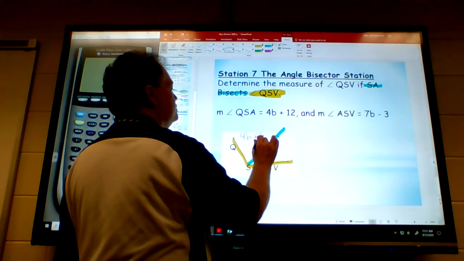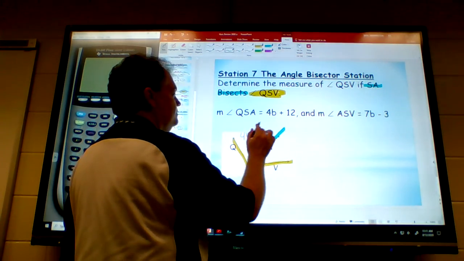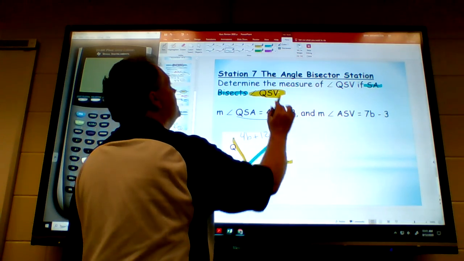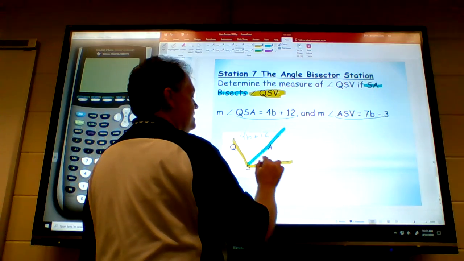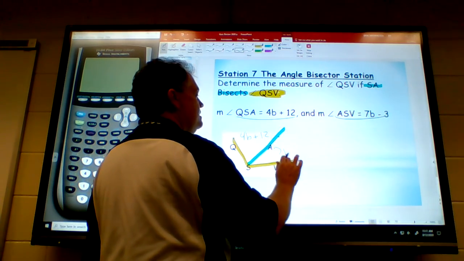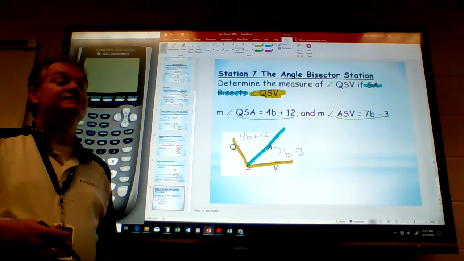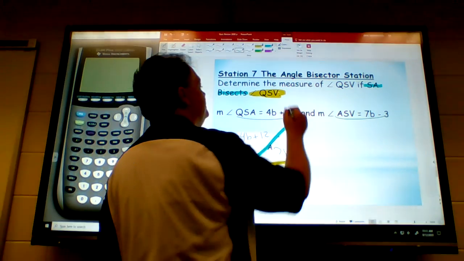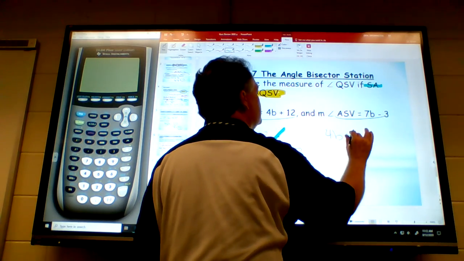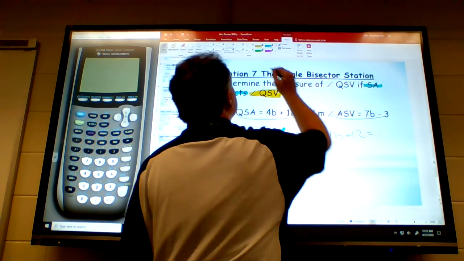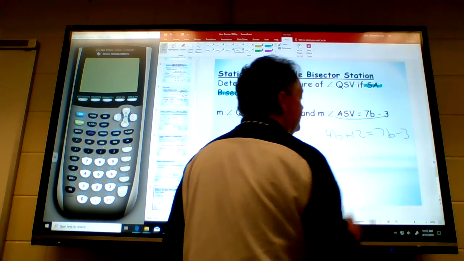So that means that 4B plus 12 equals, that's QSA right there. And ASV is 7B minus 3. Those two parts, because it says bisect, means they're equal. So I'm going to set them equal, and I'm going to write 4B plus 12 equals 7B minus 3.